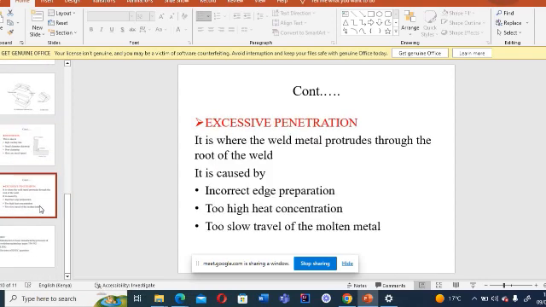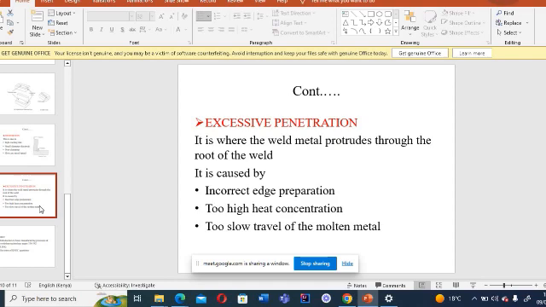Lastly, we have the excessive penetration. It is where the weld metal protrudes through the root of the weld, and it is caused by incorrect edge preparation. So you must prepare your edge correctly in order for it not to occur. The second cause is too high heat concentration.